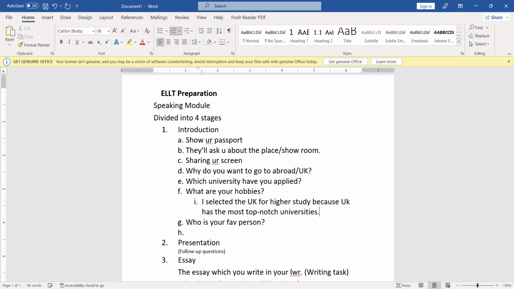If the examiner asks me about a favorite personality, can I tell about my father or any specific person? Any person about whom you know, they're just checking the command that you have on our language, right? So you could talk about anyone. If they ask you about the UK, you could say that I selected the UK for higher study because the UK has the most top-notch universities.